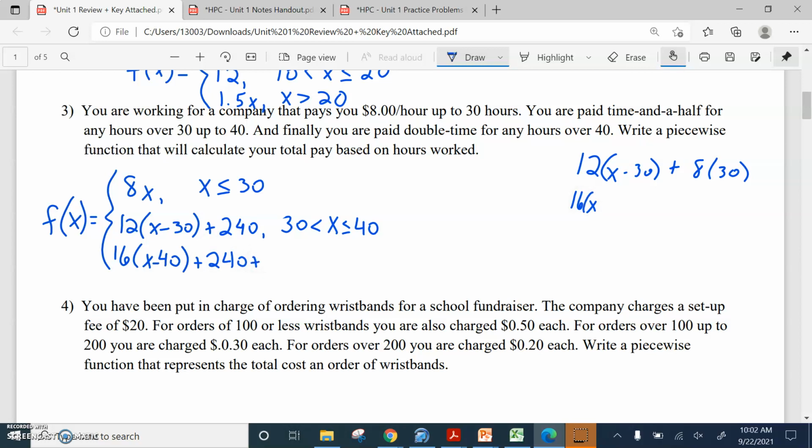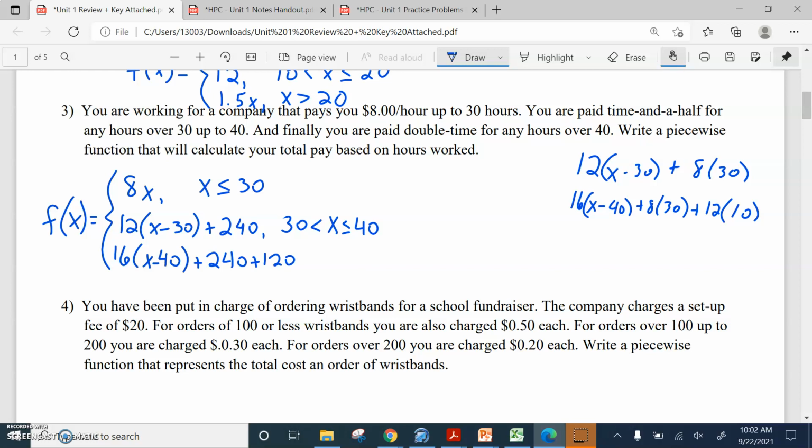Plus, so I'm going to write it over here. I'm going to do the X minus 40 plus $8 for 30 hours and 12. The $12 an hour was good from 30 to 40 hours. So if we max that out, it's a full 10 hours at $12 an hour. So plus 120.